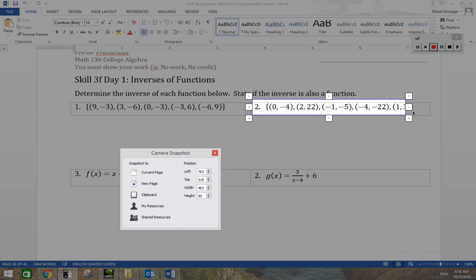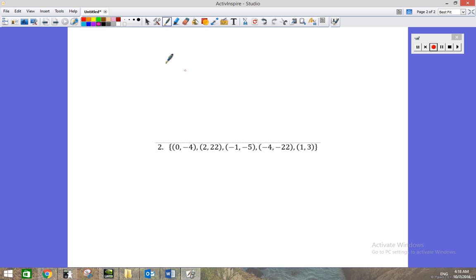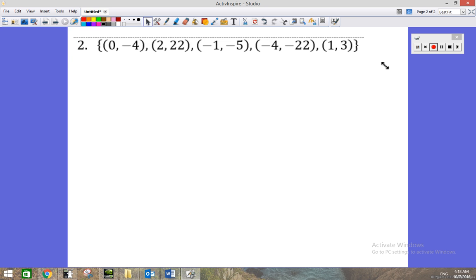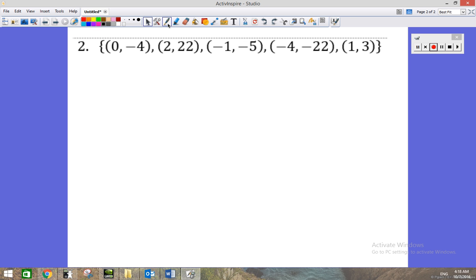The second one looks to be a similar problem. So if we just confirm that this is a function, here's 0. I don't see any other zeros in my list. There can't be a member in the domain that is related to more than one member in the range.